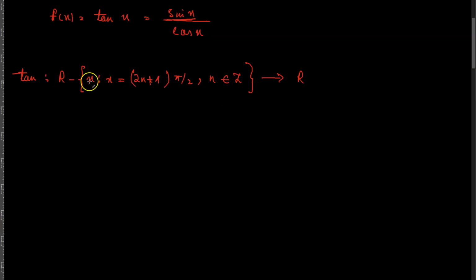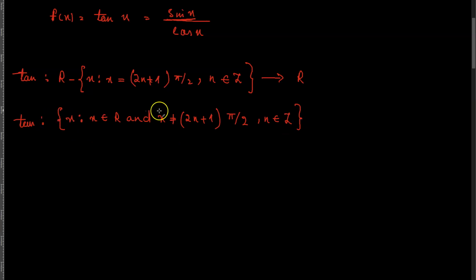You can write the same set as the set of all x, such that x belongs to R, and x is not equal to (2n plus 1) times pi divided by 2, where n belongs to the set of integers. That you can write as well, so that means that you can write tan as this domain, and the range of course would be R.